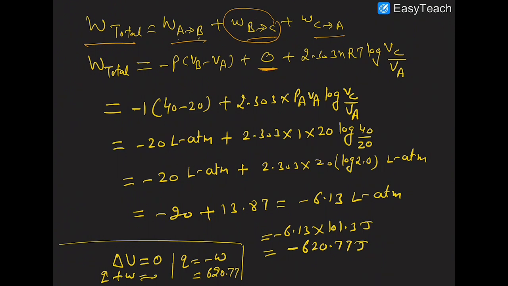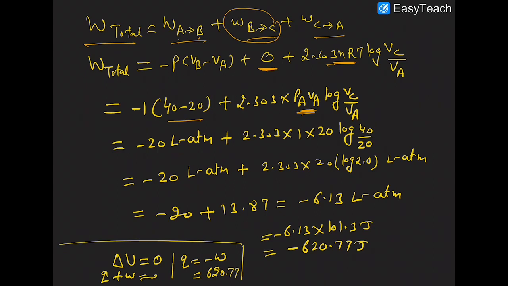A to B will be isobaric in nature. It is minus P and there will be V2 minus V1. And for the third, that is C to A, it is compression. So nRT can be replaced by PAVA or by PBVB, that depends upon your choice, and log Vc by Va.